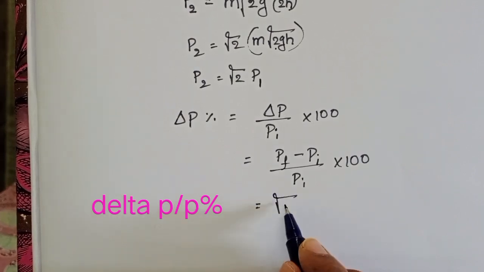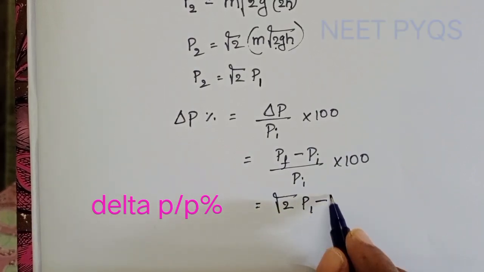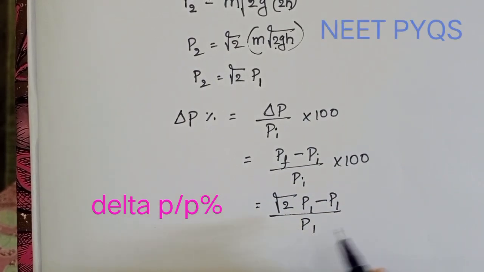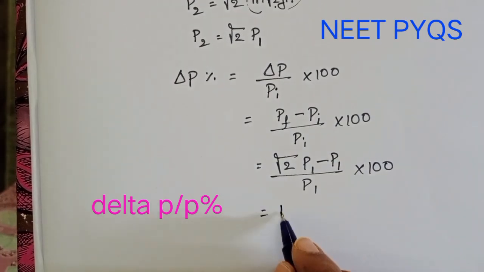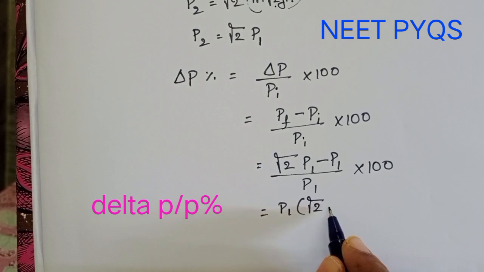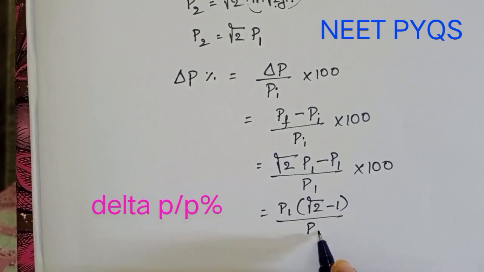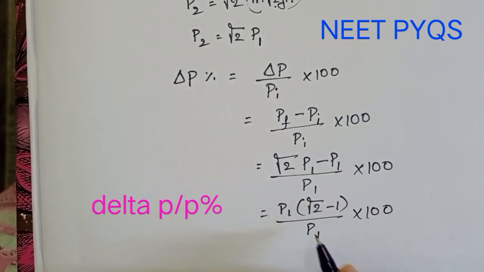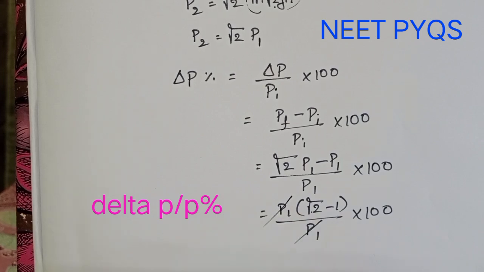Final momentum root 2 p1 minus p1 by p1 into 100. Take initial momentum common: p1 into root 2 minus 1 by p1 into 100. Here p1 gets cancelled.